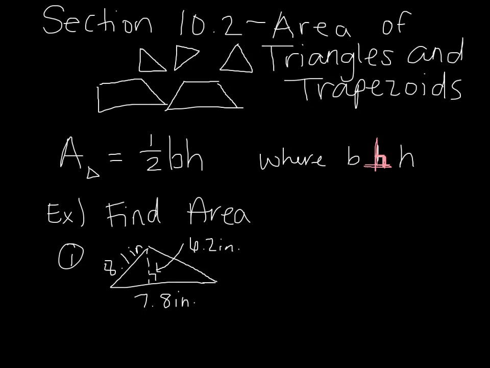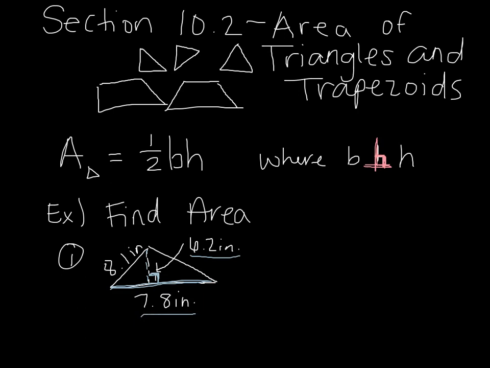Because on this one we have 3 numbers, but we only need 2, base and height. Okay, so here I see my bottom line, and I see a line that is perpendicular to it, so I'm going to use the number here and the number here. Obviously, this is our base, 7 8/10 inches, and our height is 6 2/10 inches.